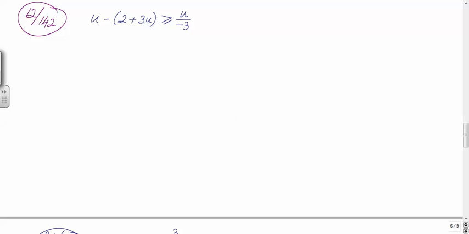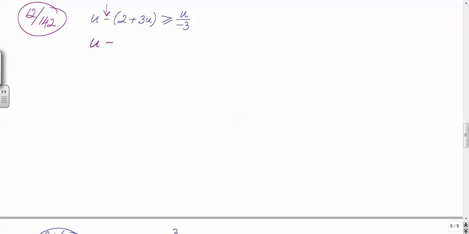How about this one? u minus parentheses 2 plus 3u, close the parentheses, greater than or equal to u over negative 3. Alright? What should be done first? Well, if you think about order of operations, you have a parenthesis, but as you notice here, this parenthesis could be removed by just applying that negative sign to everything inside the parenthesis.